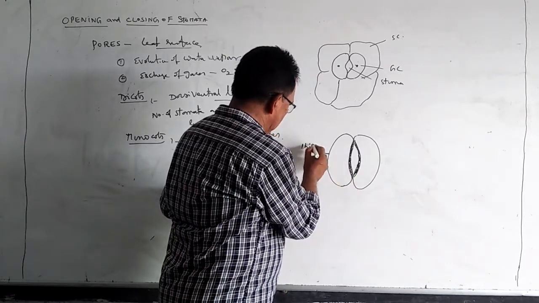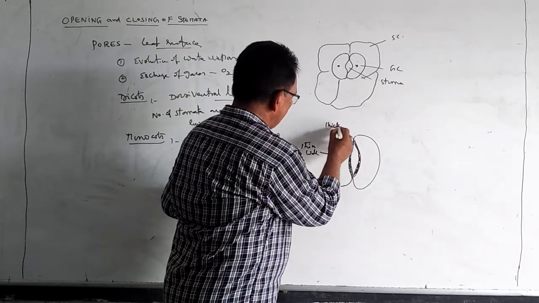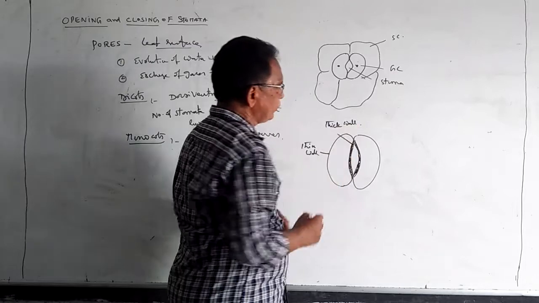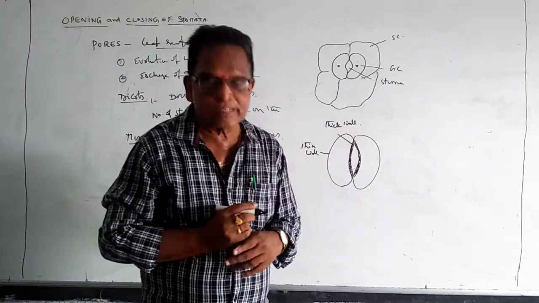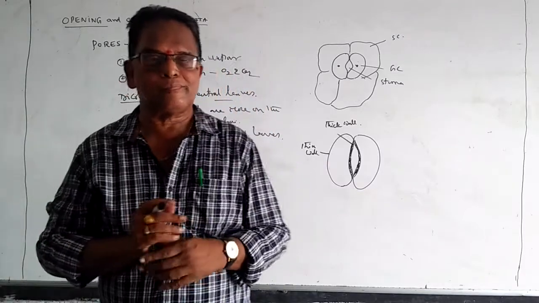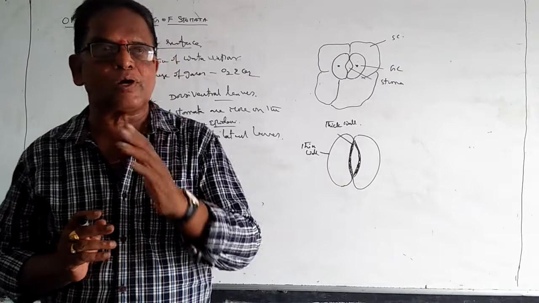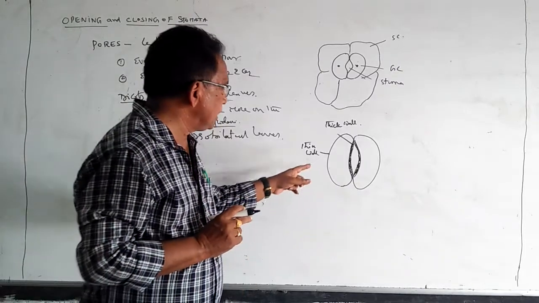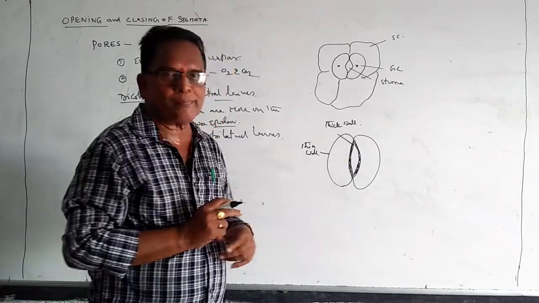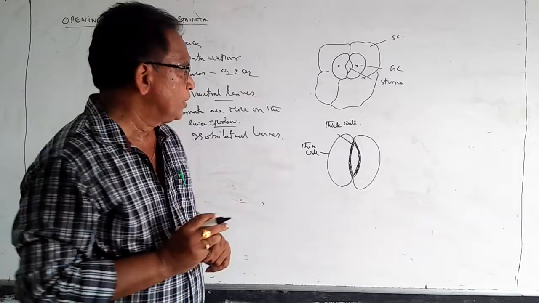This is thin wall, and this is thick wall. So that is the morphology of the guard cell. So the wall around the guard cell is not uniform. The wall adjacent to the pore is thick walled and elastic. The wall away from the opening is thin walled and also elastic.